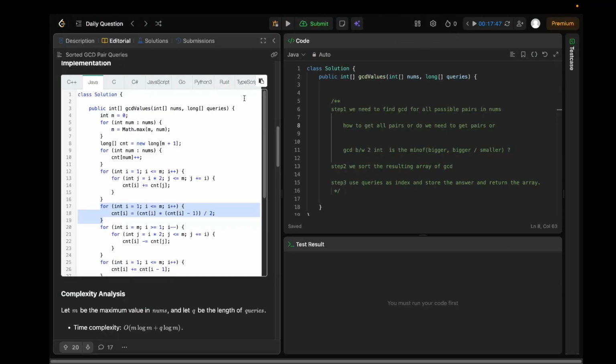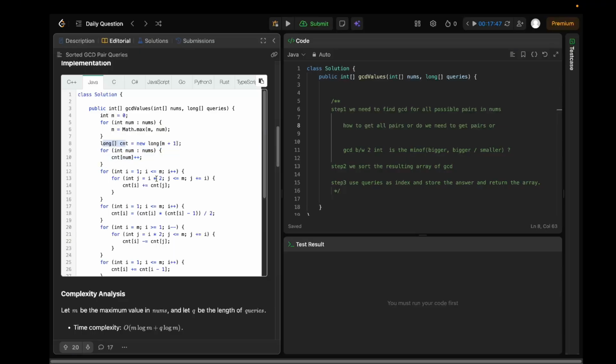So far what I've understood is, first let's create an integer m which is 0. We find the maximum, then we create an empty count array, then we create a frequency of each integer in it.